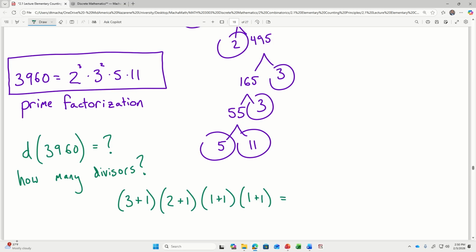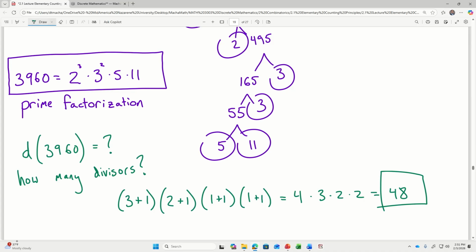So in total, I get 4 times 3 times 2 times 2, which is what? 48. Very nice. The number 3,960 has 48 divisors.